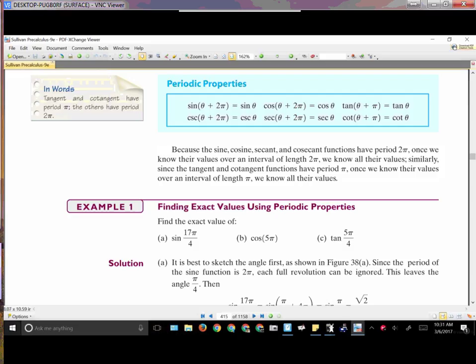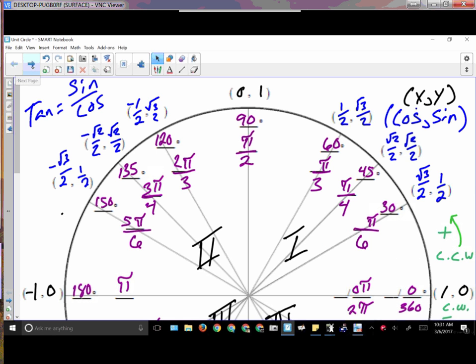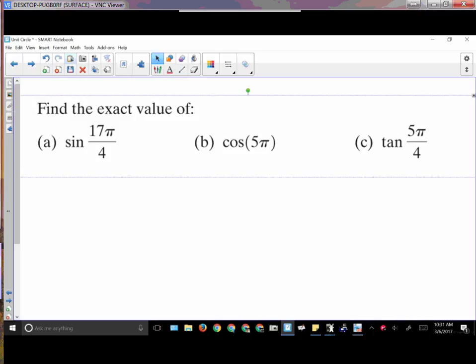So, we kind of talked about this last week when we were looking at how many times we would go around. So, let's say that I want to find the exact values of these things. I want to find the exact value of whatever this is.